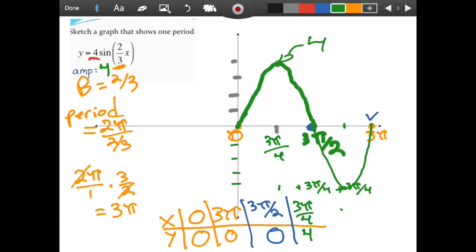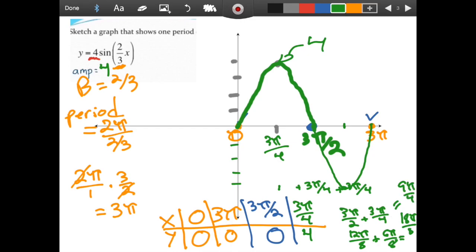So if we think of this as 3 pi over 2 plus 3 pi over 4, you can think of this as 12 pi over 8 plus 6 pi over 8. So really just 18 pi over 8, which we can then simplify to 9 pi over 4.